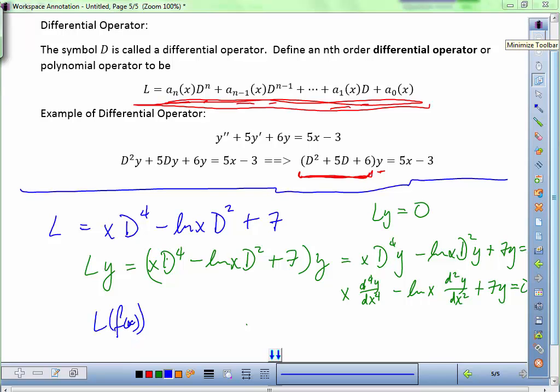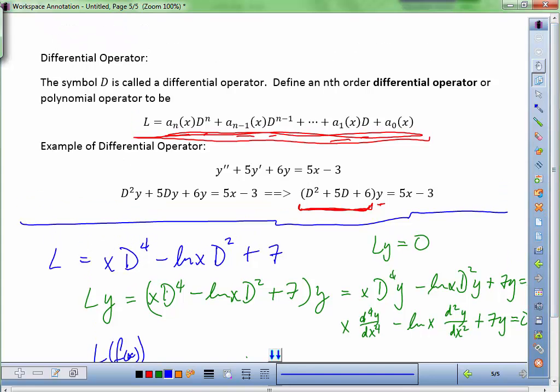And like I said, I might not use it. It depends. There's this way of approaching non-homogeneous differential equations where this would be useful, or we can do something a little bit different. We'll see how it works out. So that's your differential operator.